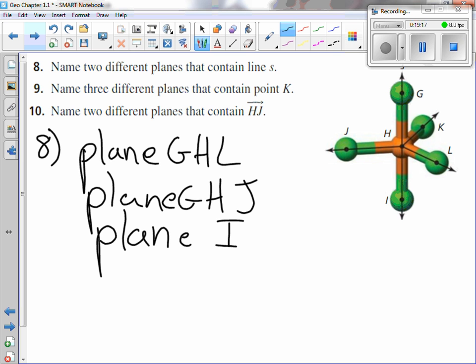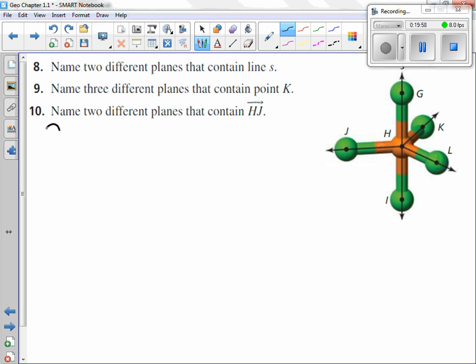I heard something with an I. J, H, I. So that would be the same, but we could do, say, H, I, K. Because those are actually three different planes that are all intersecting there. Can y'all kind of visually see that there are three planes we can make up with that? So do we have these down? Yes? Okay. Number 9.